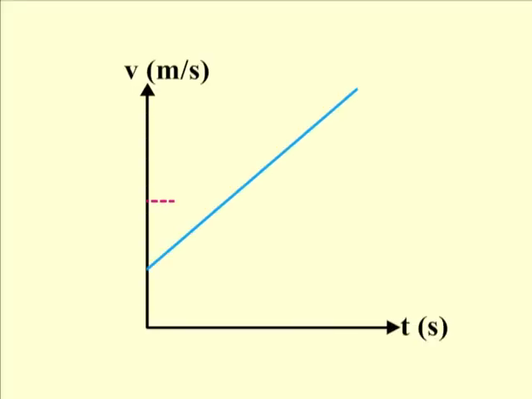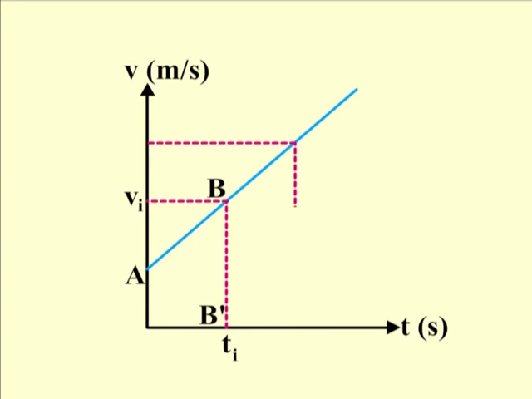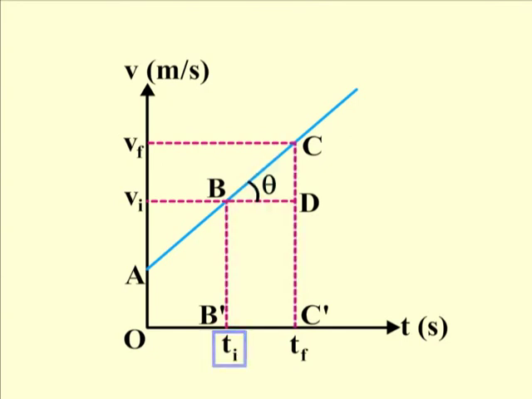In velocity-time graphs, distance travelled during the time interval Ti to Tf is equal to the area enclosed by the Vt curve and the time axis during the time interval from Ti to Tf.